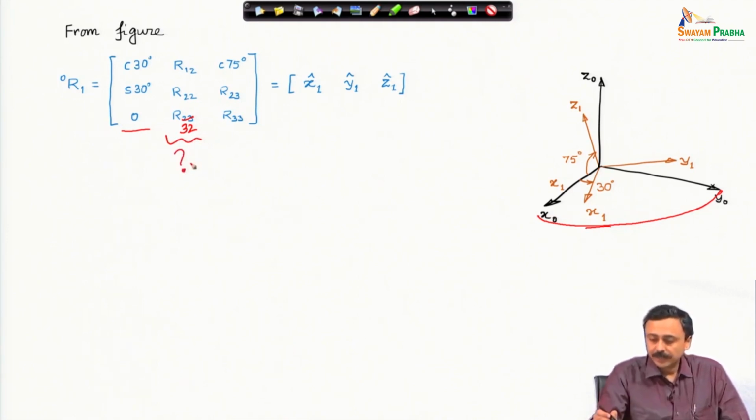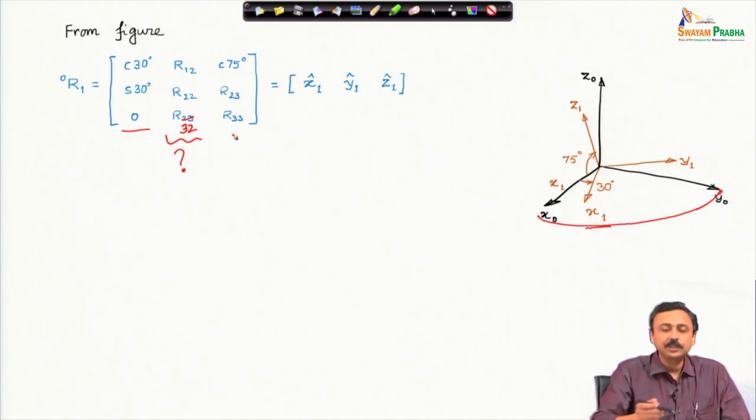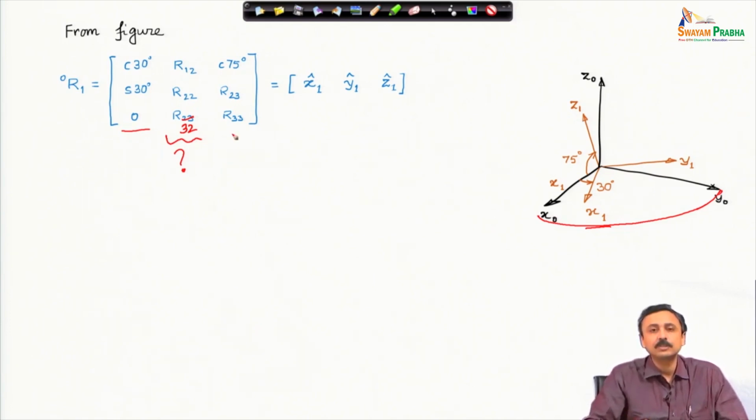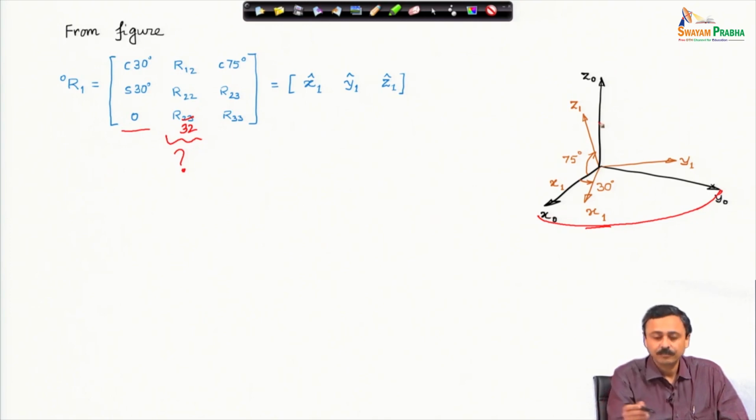Third column, it said that z1, what is the third column? Third column in this transformation matrix from 1 to 0 is the representation of z1 in x 0 y 0 z 0. And what is the meaning of representation of z1 in x 0 y 0 z 0? It is the cosines of the angles between z1 and x 0, z1 and y 0, and z1 and z 0, they are the direction cosines.